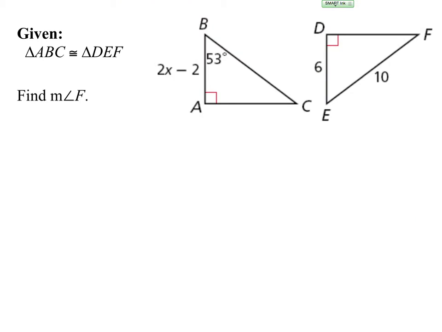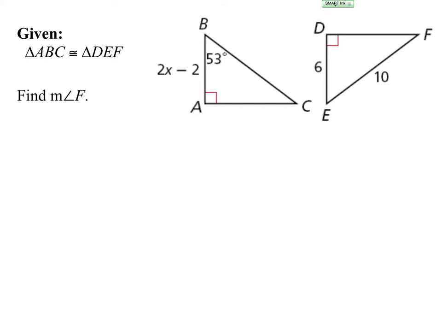And how about finding the measure of angle F? Angle F is supposed to be congruent with angle C. I didn't tell you angle C. Can you figure out angle C? Yeah. Should be able to based on what we did yesterday. What should the 3 angles in the triangle total? 180.